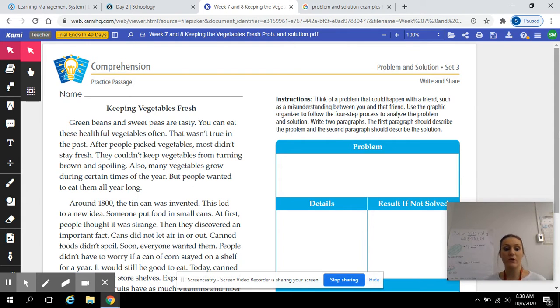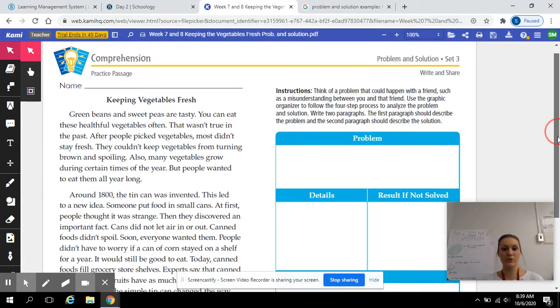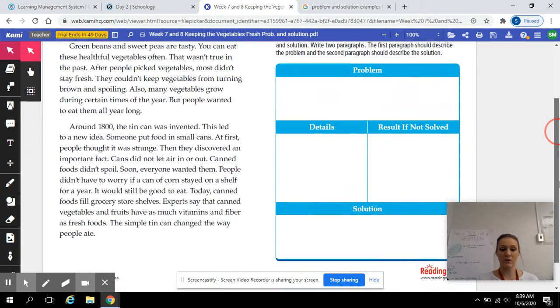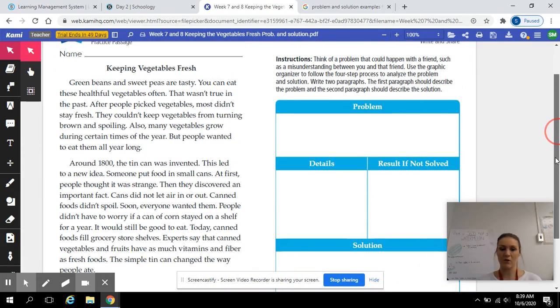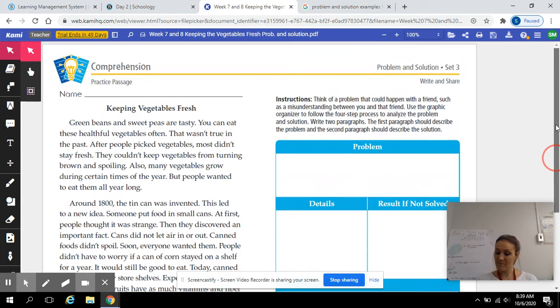So as you're reading, you're going to look for those key words too. So we are going to read this little, it's 2 paragraphs long, Keeping Vegetables Fresh. So we will read that, and we are going to identify the problem together. So today we're going to do a I do, we do, you do. So together we will identify the problem.